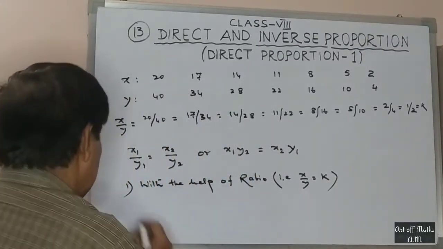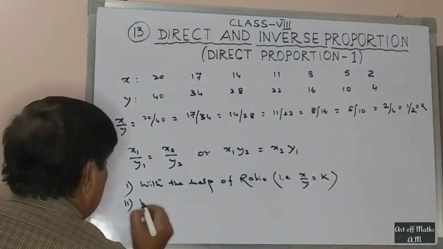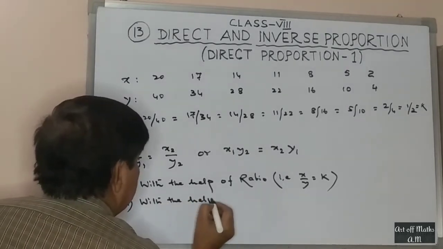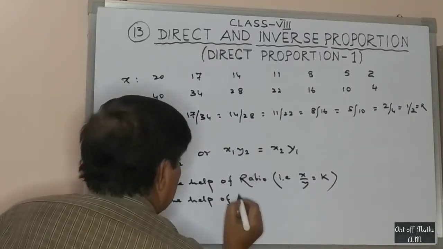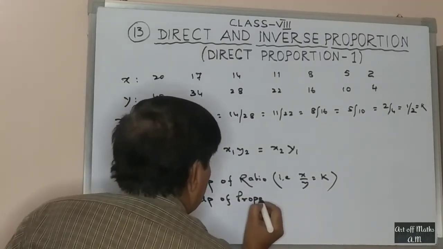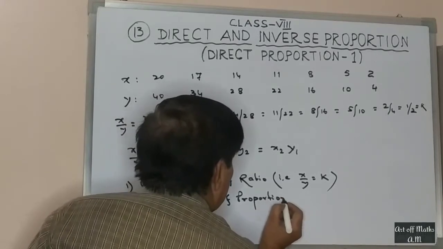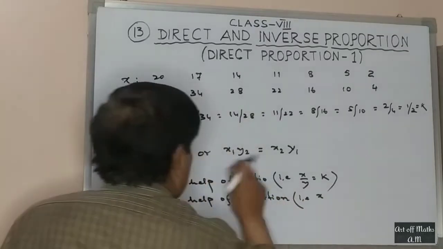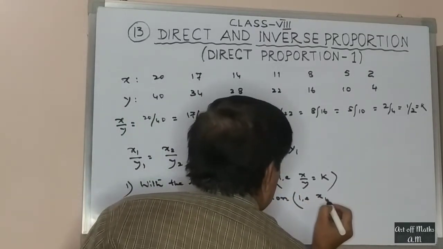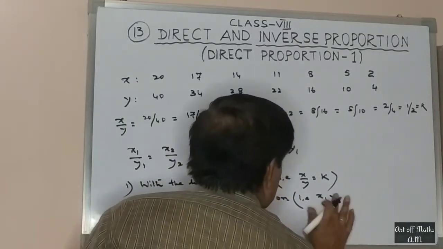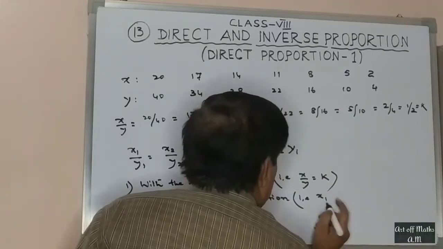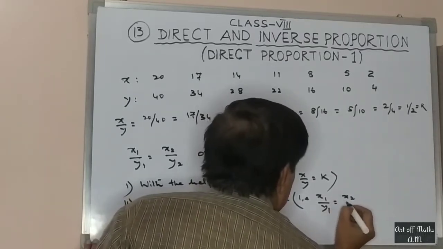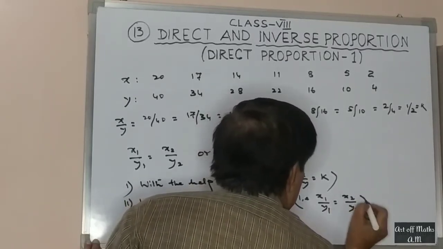Second, with the help of proportion, that is x1 by y1 equal to x2 by y2.